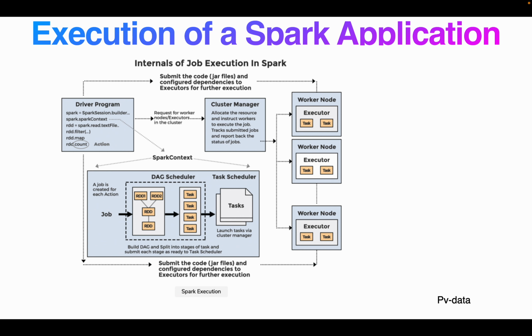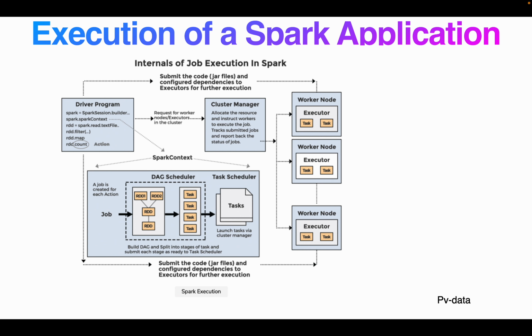So if you see, this is how a Spark application runs. First is the driver. We are submitting from the driver program. It will create a Spark session, then a SparkContext, then read the file, then filter and map. When we run Spark, first it goes to the cluster manager, and the cluster manager checks how much resource we require. The cluster manager keeps checking with the worker nodes, and the worker nodes have the tasks to execute, and at the same time it sends status back to the driver.